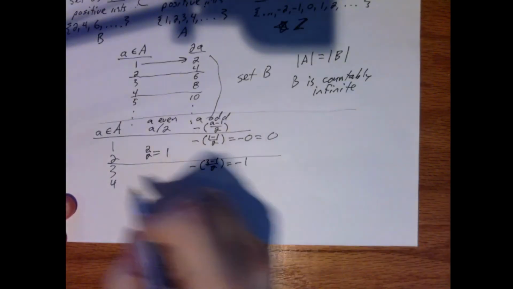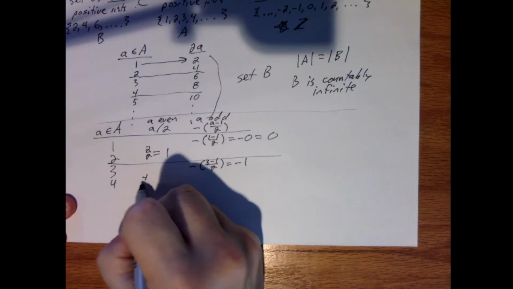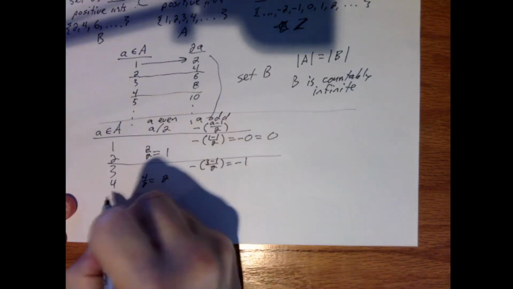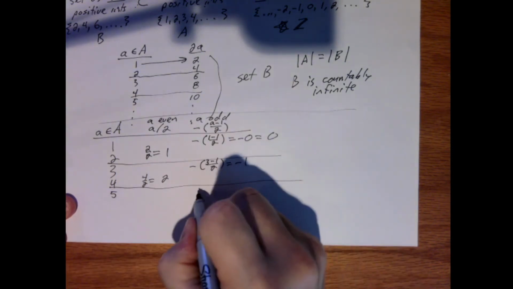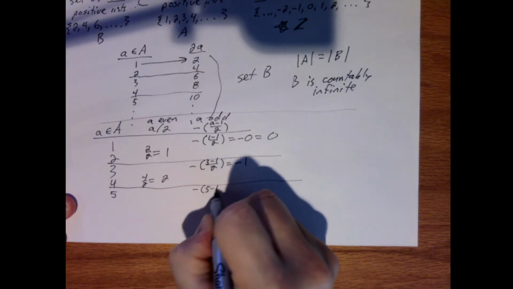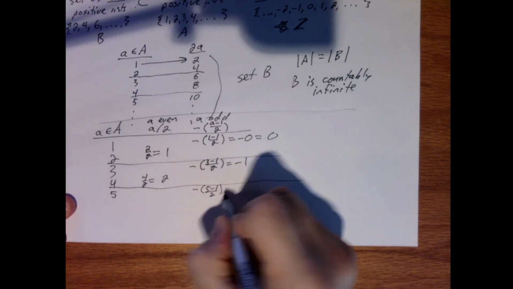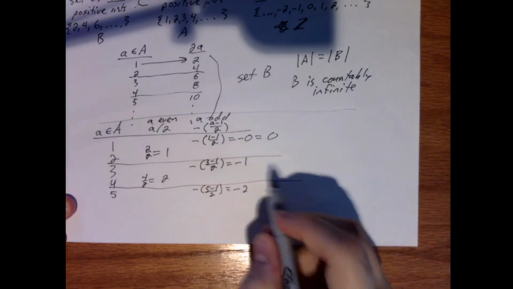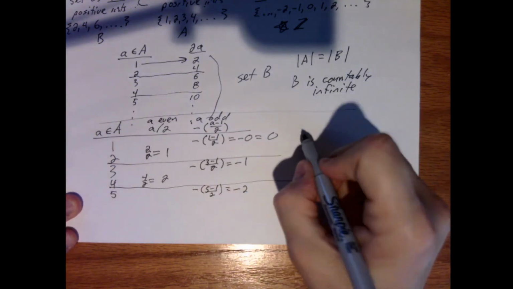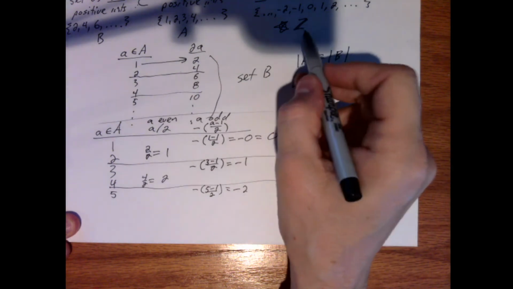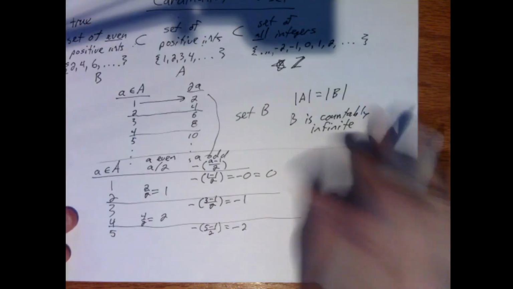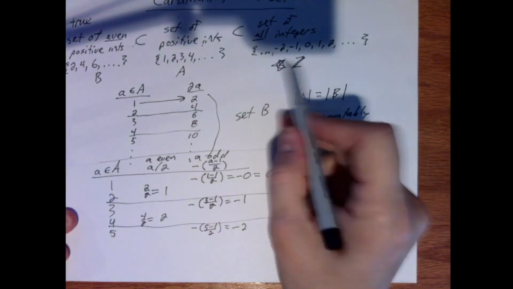4, that's 4 divided by 2 is 2. 5, minus (5 minus 1) divided by 2, so it's minus 2. So what am I producing here? Well, I don't have to write the integers in order to represent the set.